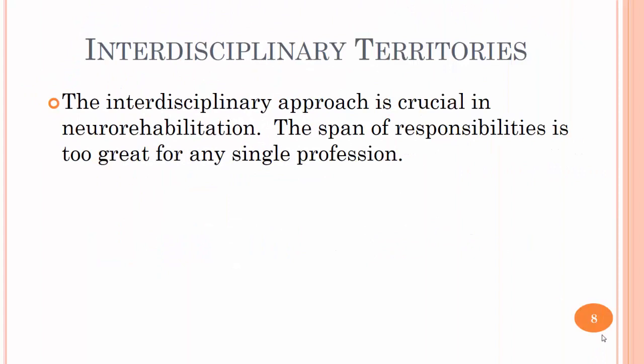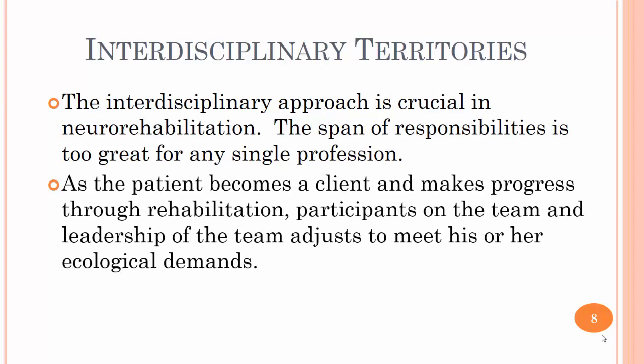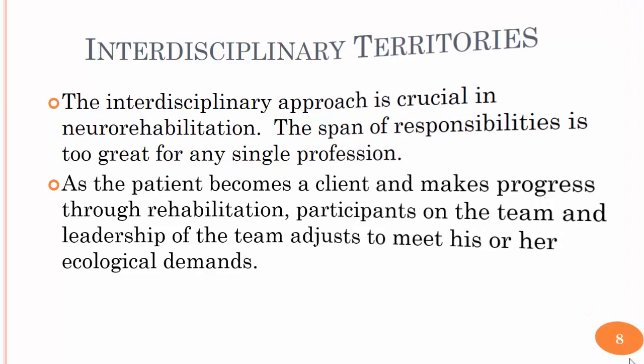The interdisciplinary approach is crucial in neurorehabilitation because the span of responsibilities is too great for any single profession. As the patient becomes a client and makes progress through rehabilitation, participants on the team and the leadership of the team adjusts to meet his or her ecological demands.